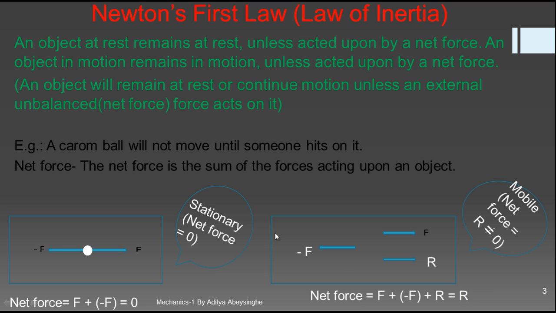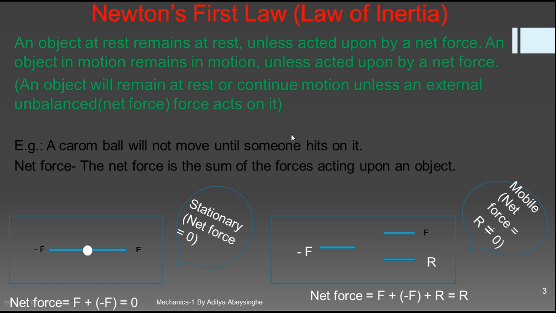One example we can experience is using a string, and another is using a carom ball. The carom ball will not move until someone hits it. You can experience this in soccer, in cricket, in various other games, and even outside games, on numerous occasions in day-to-day activities.